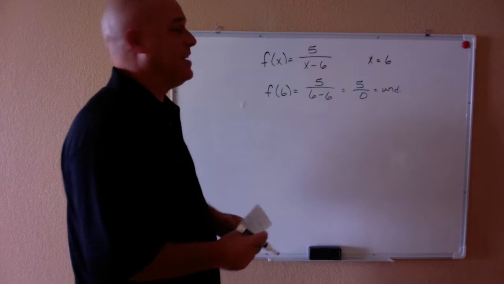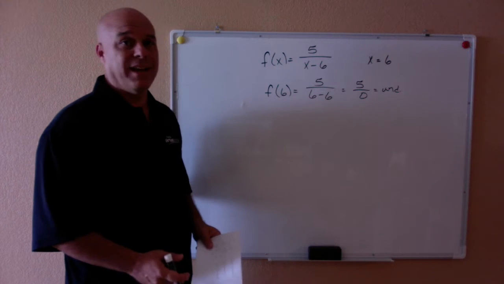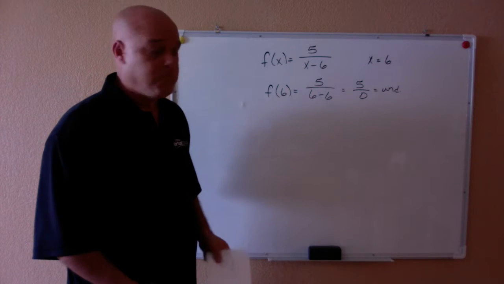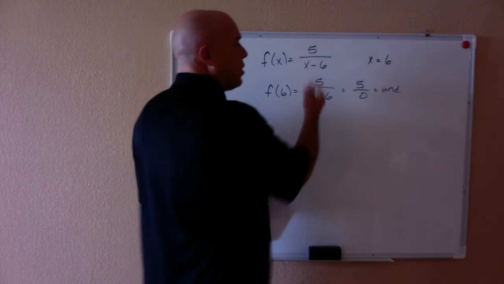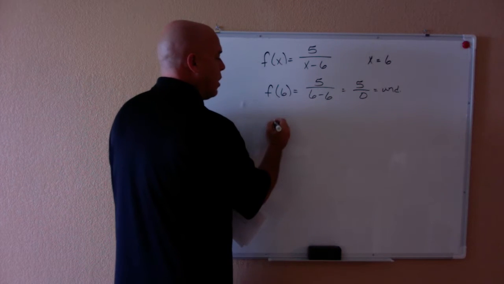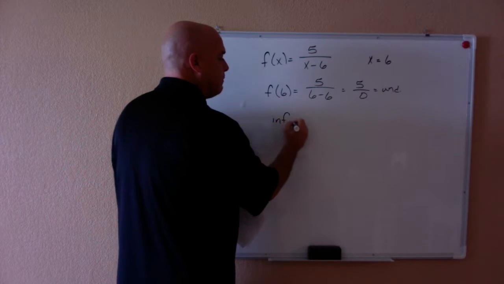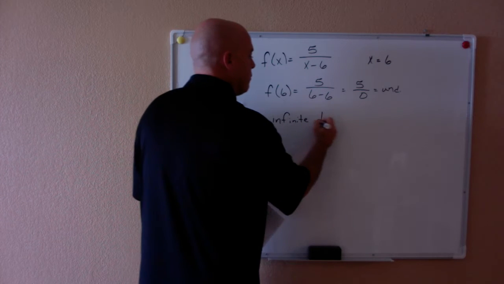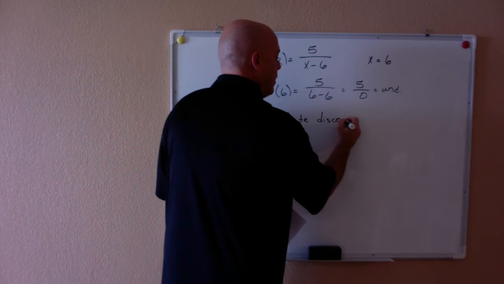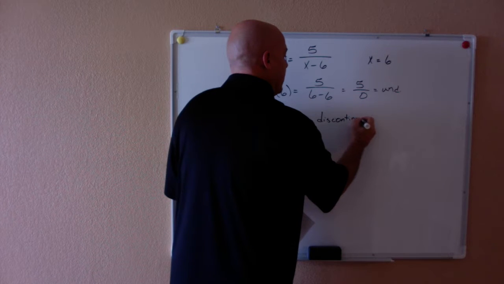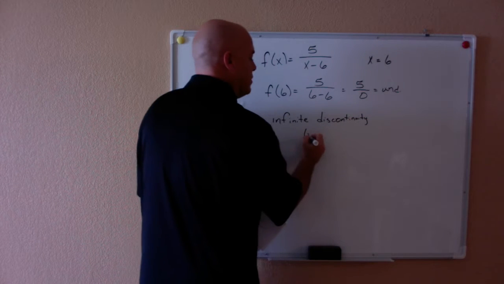That means that this is a non-removable discontinuity. I can't remove the problem area. And this one actually causes an asymptote. So this is what we call an infinite discontinuity. And that type of discontinuity is non-removable.